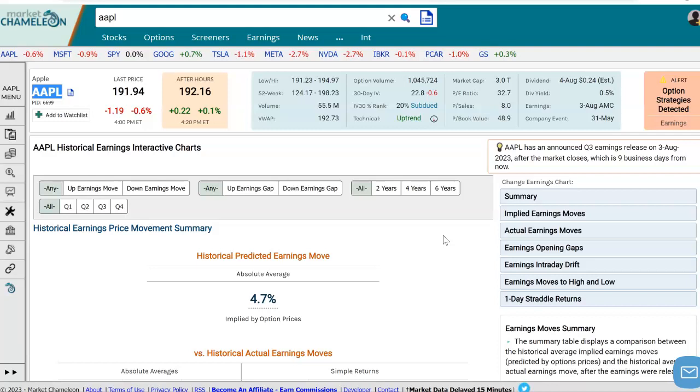So what we want to do in this situation is measure how much the stock typically moves from the close right before it reports earnings to the initial opening price. So instead of close to close, we're looking at the close to the opening price, which is that initial reaction or initial gap move during regular trading hours.